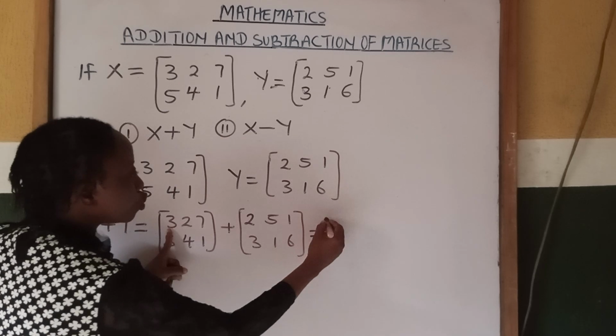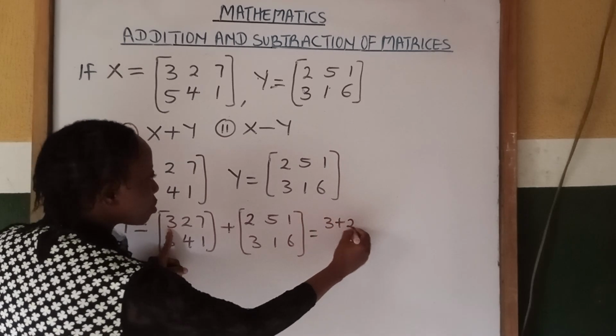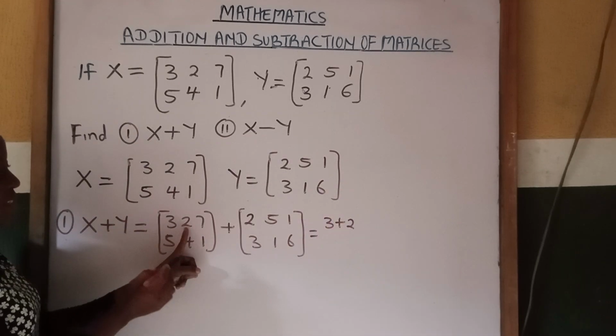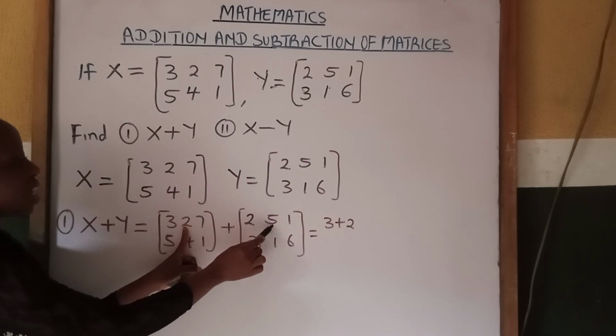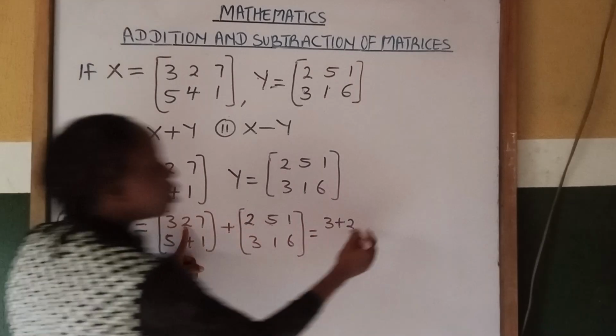That is equal to 3 plus 2. Then the second element from the first matrix plus the second element from the second, that's 2 plus 5.